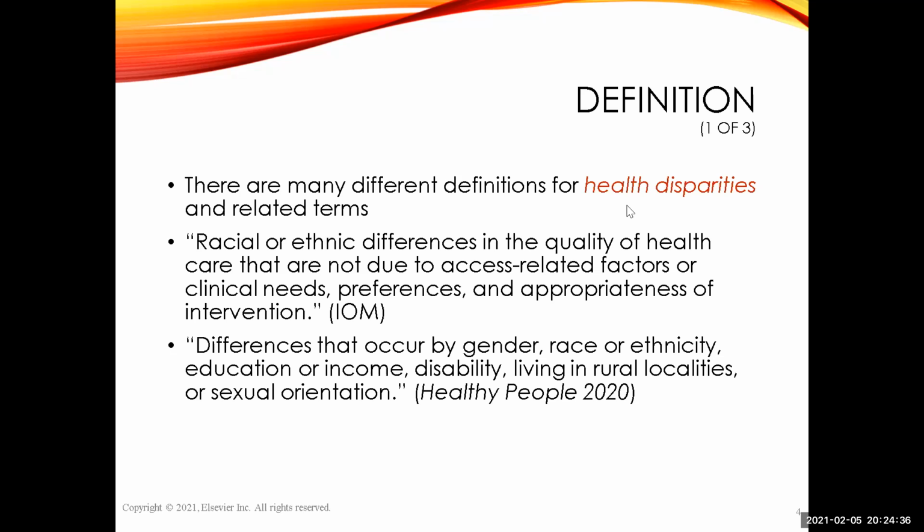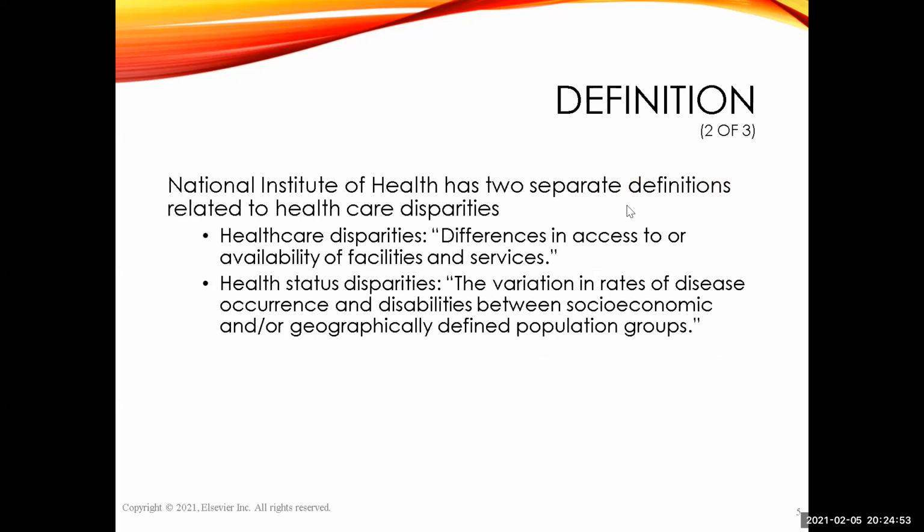So you can see there's a couple of different definitions, one from IOM, one from Healthy People 2020, which I'm sure there's an updated one in the 2030 that we can find. And then there's the one from NIH. They have 2 separate definitions. And they actually separate it between healthcare disparities and health status disparity.